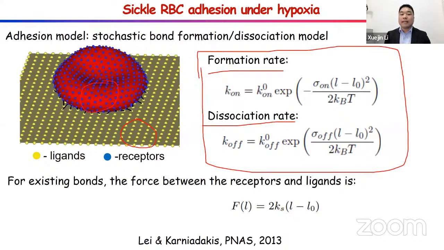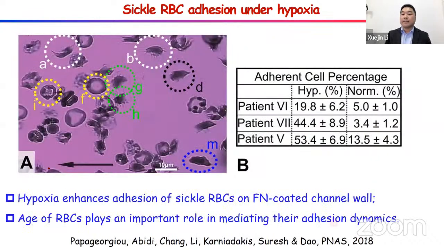If a bond is formed, the force between the receptor and the ligand is given by this equation, like a Hookean spring. We employ the adhesion model to quantify the adhesion property of sickle red blood cells. Here is a figure showing the result.